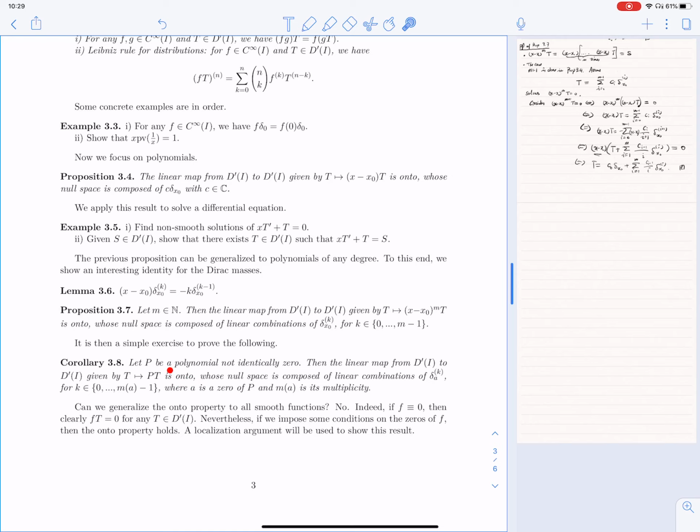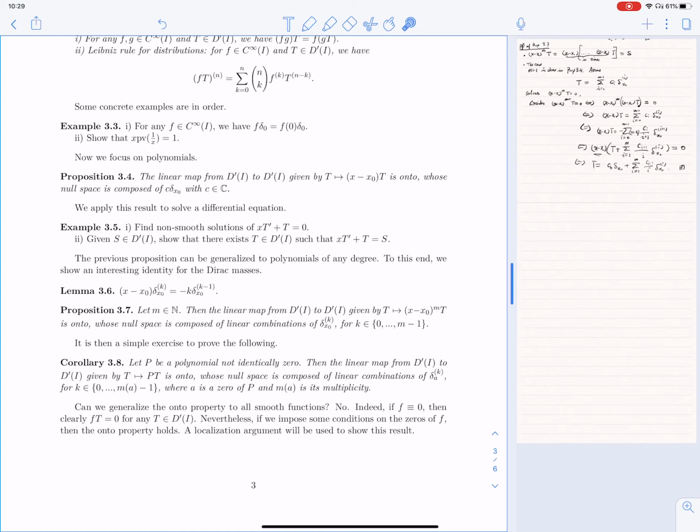And the null space, again using this several times, will be composed of the linear combinations of Dirac masses on the zeros of the polynomial P, where a is a zero of P, and its derivatives. And the order of the derivatives corresponds to the multiplicity of the zero. This is a trivial extension of proposition 3.7.